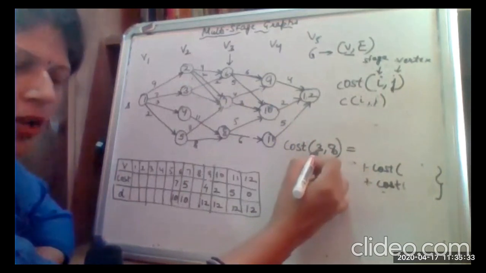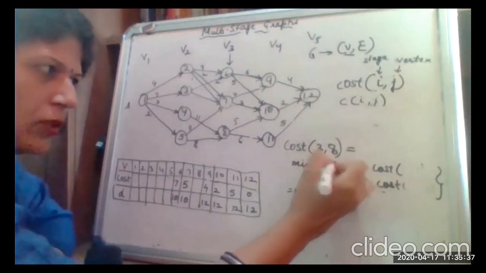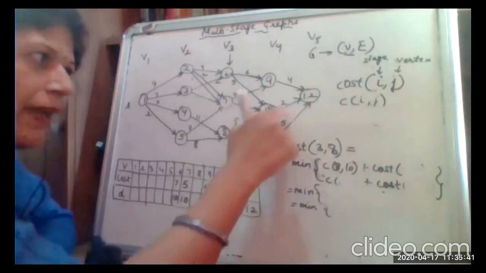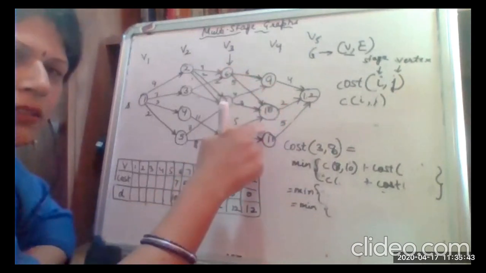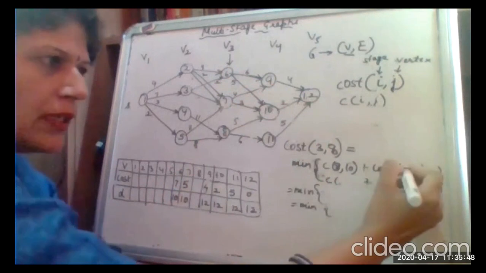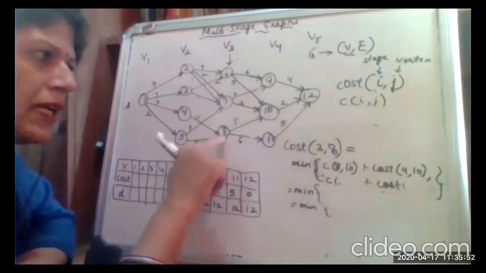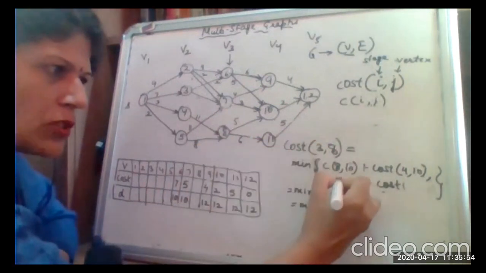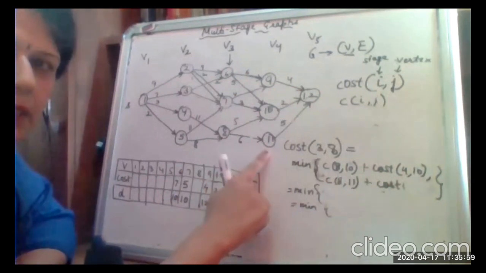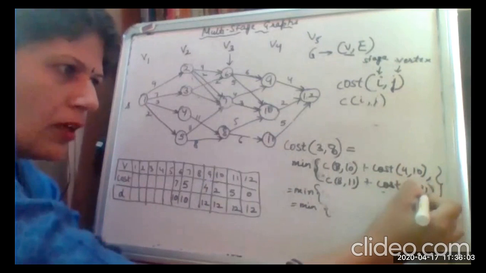So for this cost 3, 8, we will have the edge 8 to 10, cost of the edge from 8 to 10, and the minimum cost that we had already at the fourth stage, 10th vertex. The second path is from 8 to 11, so cost of the edge of 8 to 11 plus the minimum cost at the vertex 11 of the fourth stage.